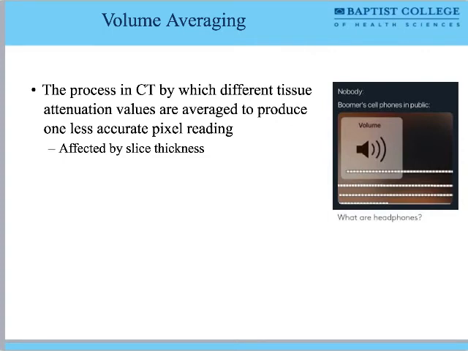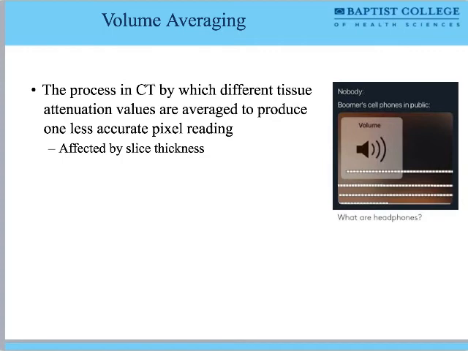This process is going to be affected by slice thickness. What do I mean? To go back to our bread analogy, let's say we've got raisins in a loaf of bread, and we're making big, thick slices, like 2-inch slices through the loaf. Is it possible I would skip a raisin? Yes, it's very possible I would skip a raisin.